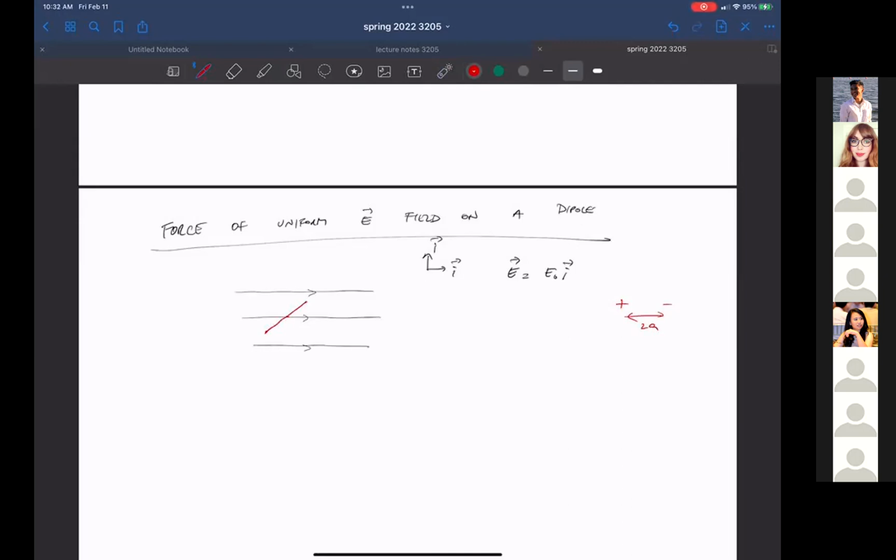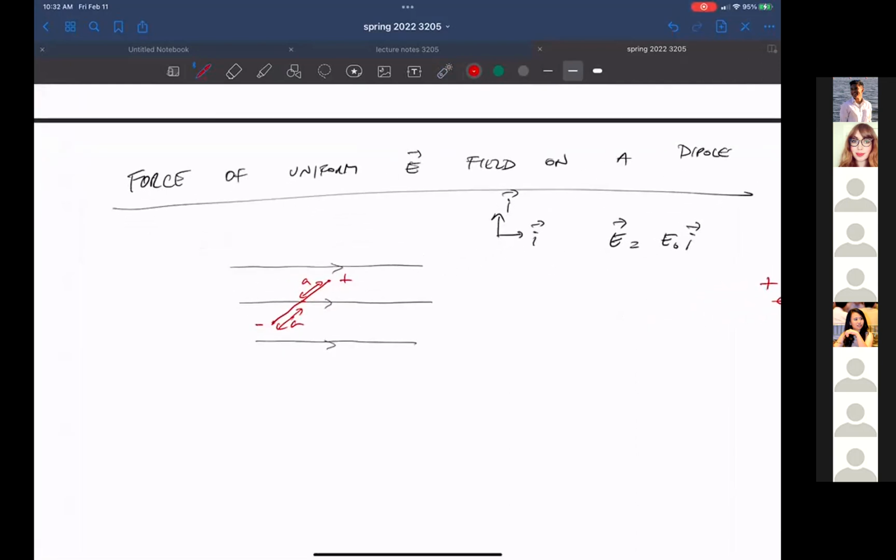The positive side is up here. This is a, this is a. The minus is sitting here. Of course the plus is exactly in the wrong place, so it's getting a force pointed on the plus side.